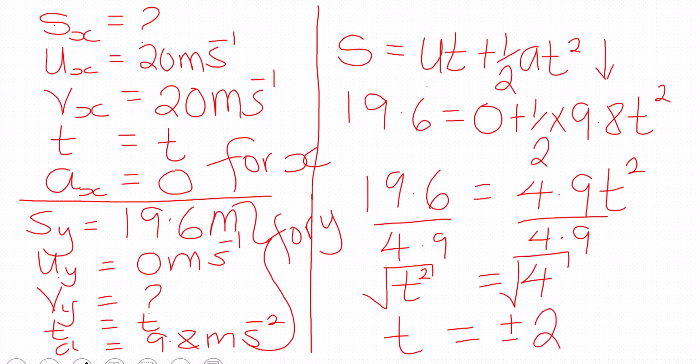And since time can never be negative, we say t is equal to 2 seconds. We disregard the negative. So that's how we have managed to calculate the time taken by the particle to reach the ground. Then the next thing we shall need is the horizontal displacement.